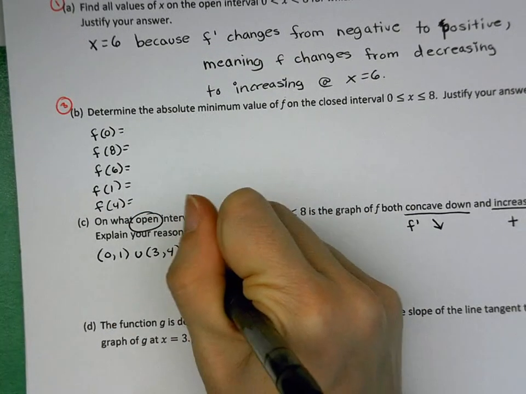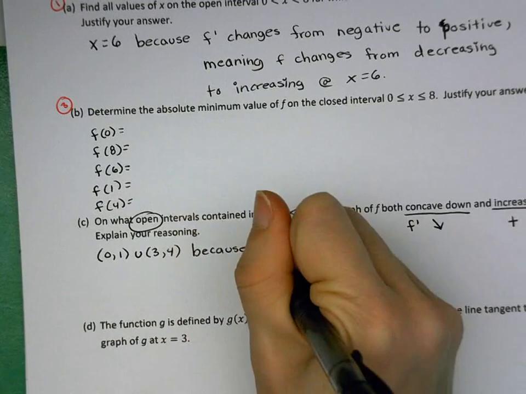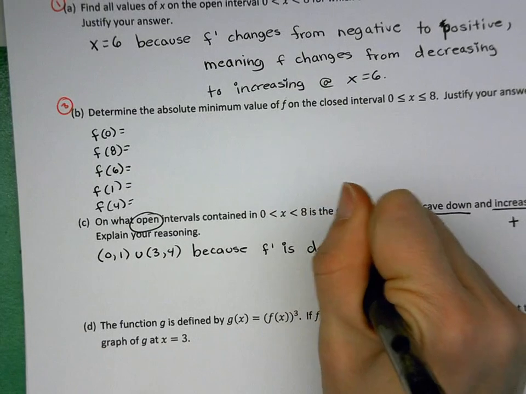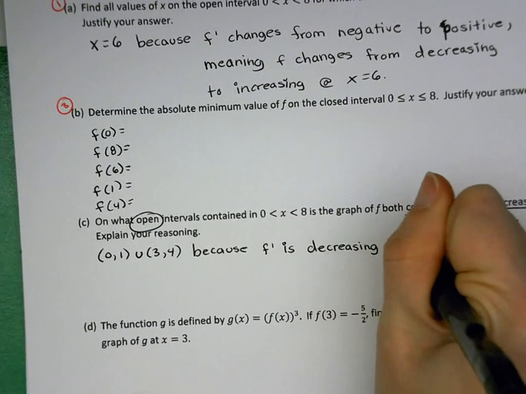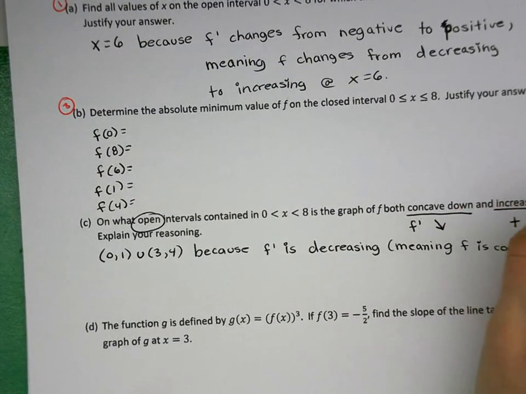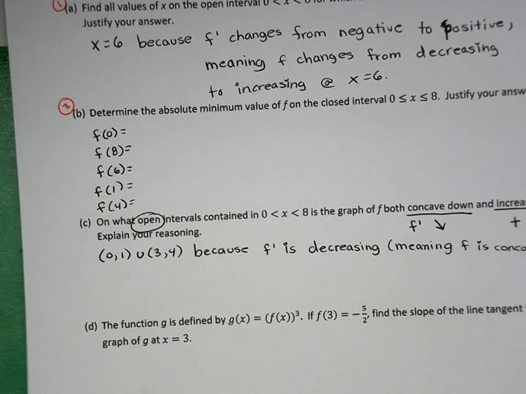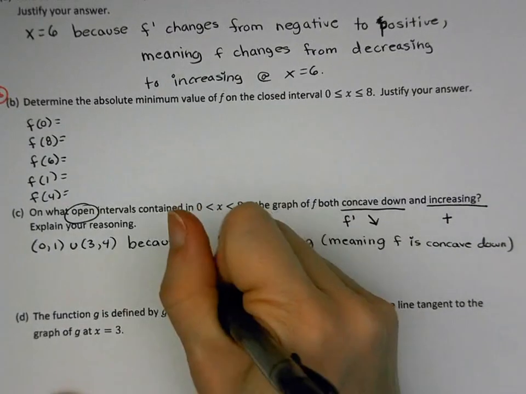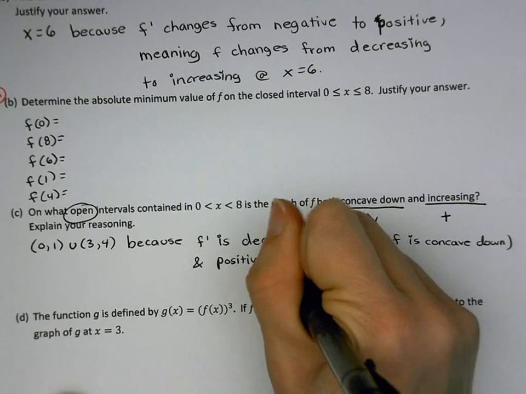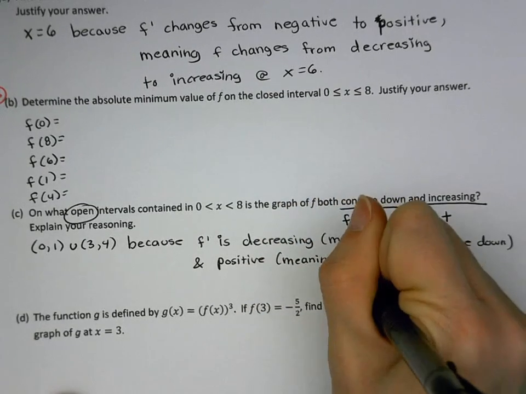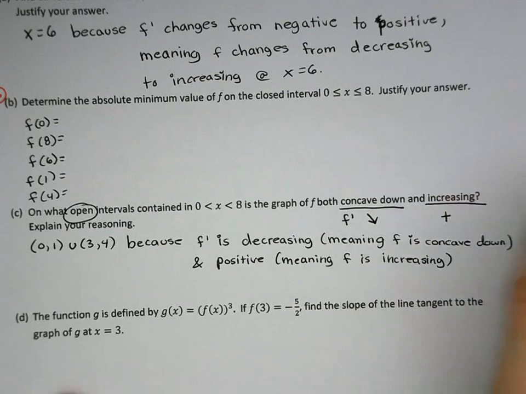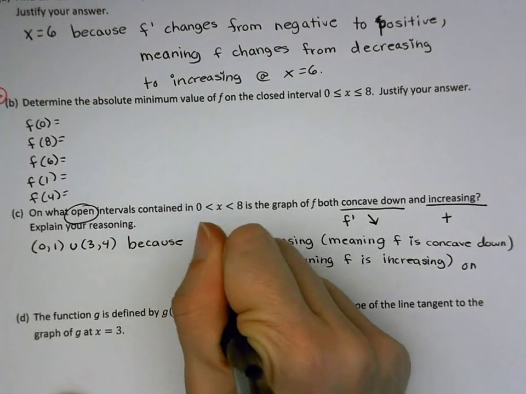So this does have to be in words: because f prime is decreasing, meaning f is concave down, and positive, meaning f is increasing on those intervals 0 to 1 and 3 to 4.